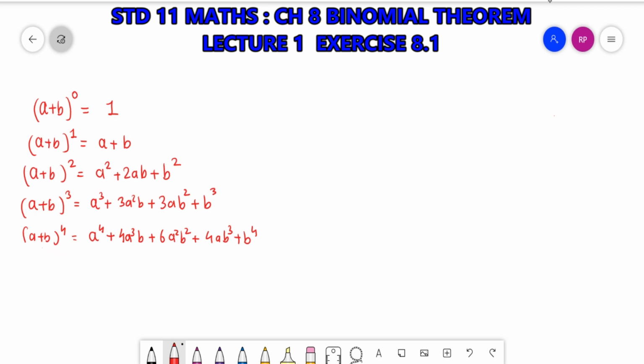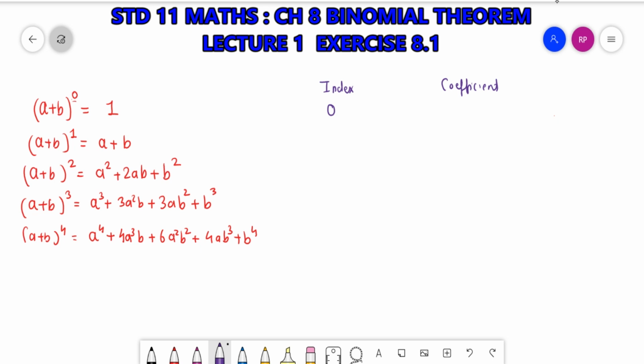Now, following this pattern, if I check the coefficient with respect to the power, I am writing here index and coefficient. When the index is 0, what is the coefficient? 1, right?